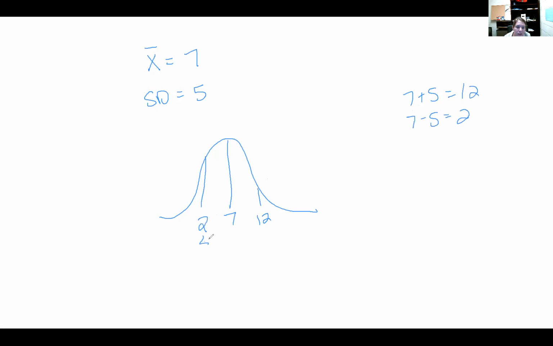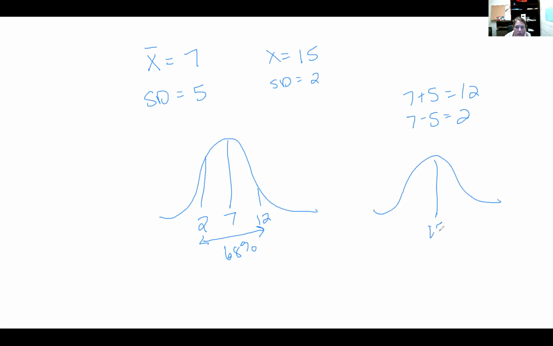So 68% of your data is going to fall between 2 and 12. Now, I should have come up with another number here because we're not going to have negative numbers, but let's just do another one. Let's say your mean is 15, and our standard deviation is 2.